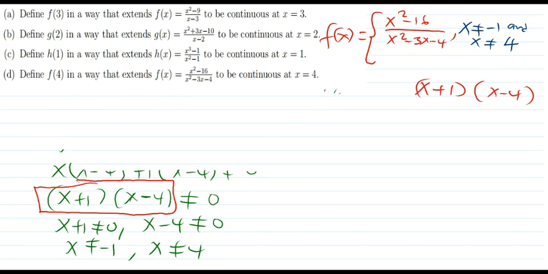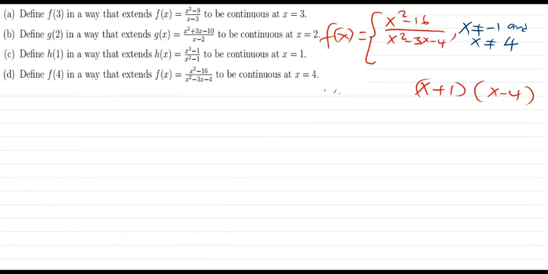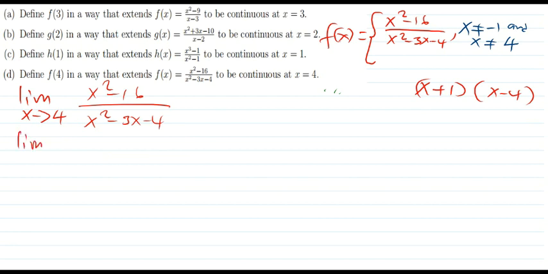So let's take the limit. Limit as x is approaching the number 4 of x squared minus 16 over x squared minus 3x minus 4. Now we have already simplified the down part to this. So x squared minus 16 is a difference of two squares, where I have x squared minus 4 squared.